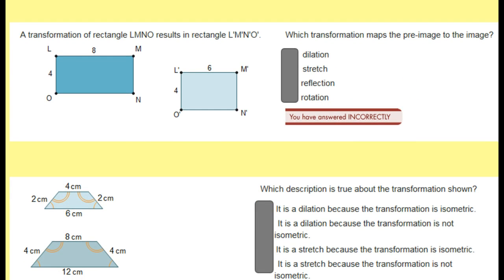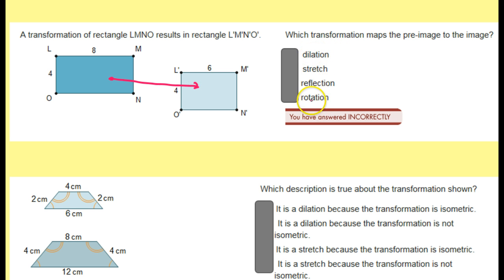Let's move on. A transformation of rectangle LMNO results in a new rectangle L prime, M prime, N prime, and O prime, as shown. Which transformation maps the pre-image to the image? So this is the pre-image over here, and this is the image.